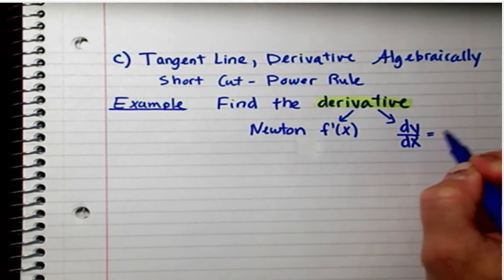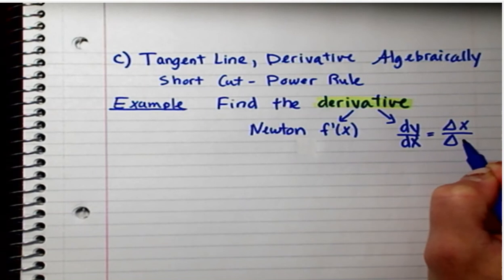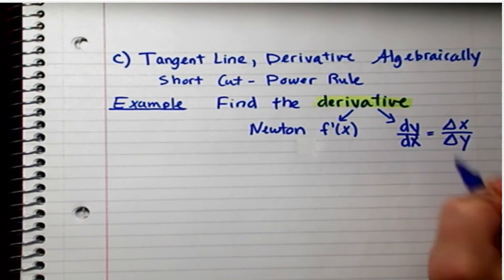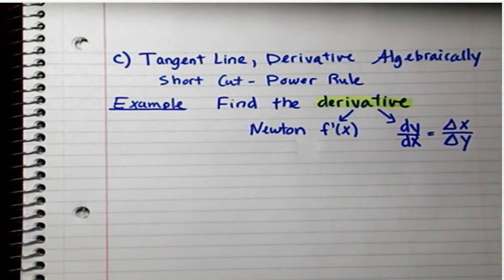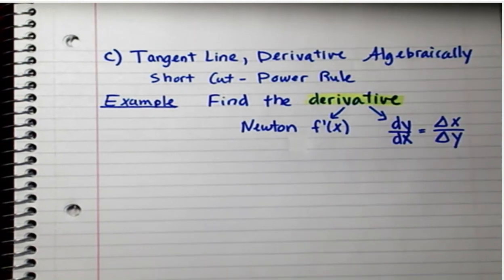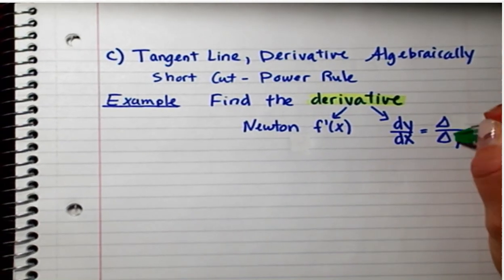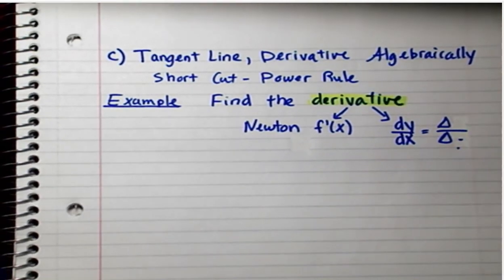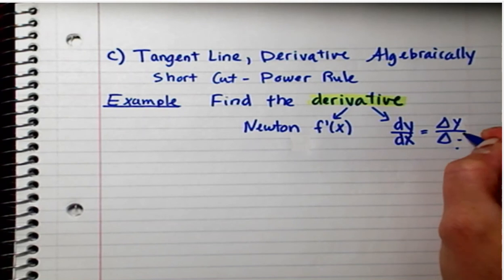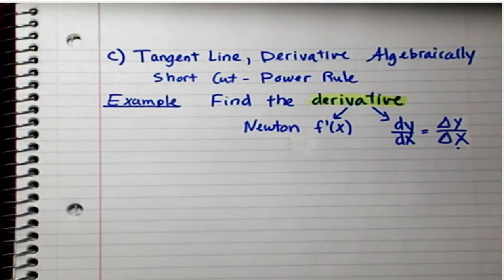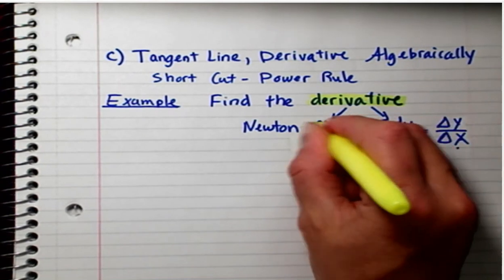The d is for delta, the Greek letter, which means change. The triangle means change. Change in y over change in x, which is just slope. That's all it is. It's just a different notation.